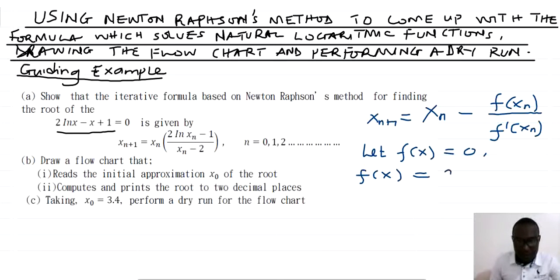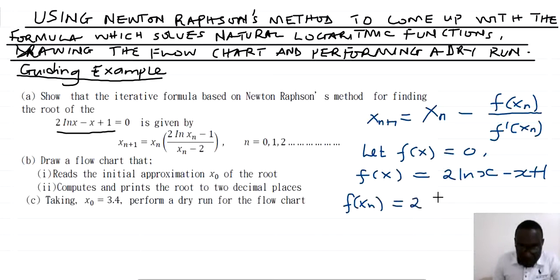So this is equal to 2 ln x minus x plus 1. So from here we can discretize this continuous function by evaluating it at a certain point of x. So we shall have f(xn) now becomes 2 ln xn minus xn plus 1.